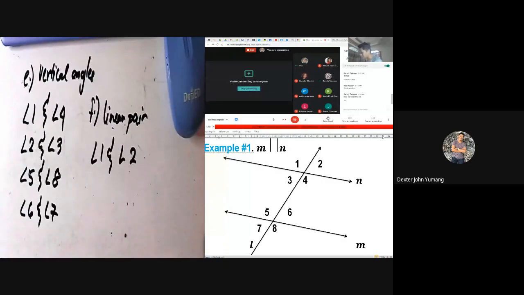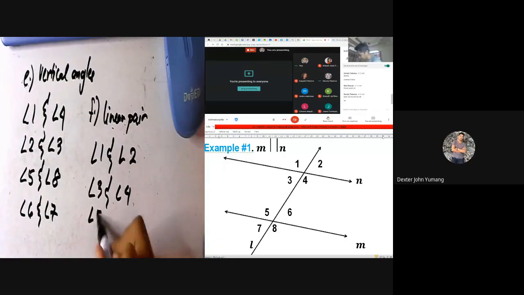Next, angle 3 and angle 4. What else? Ano pa kaya? Angle 5 and 6 po. Yes, angle 5 and angle 6. What else? 7 and 8. That's good.